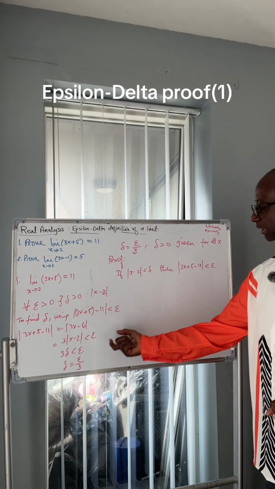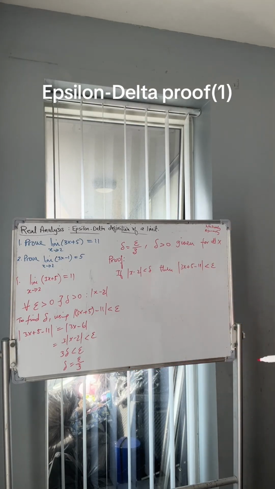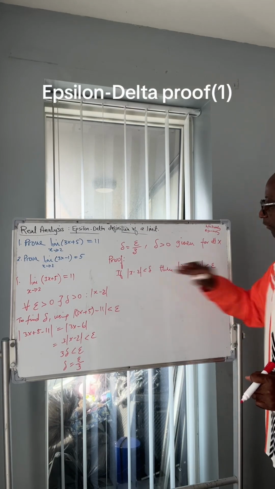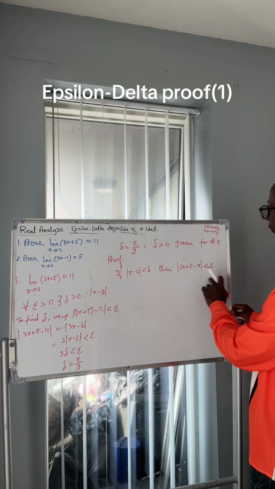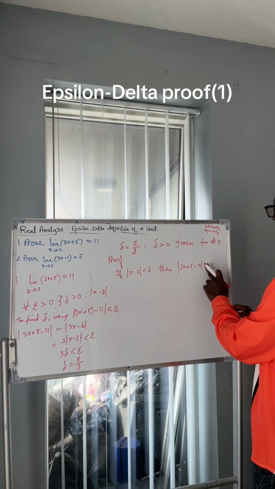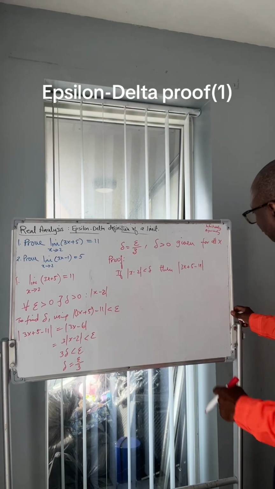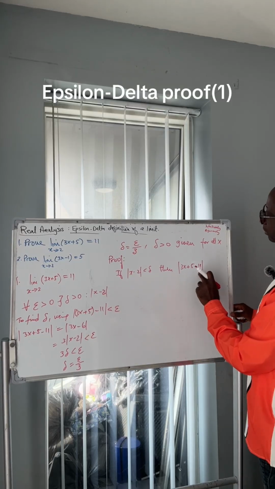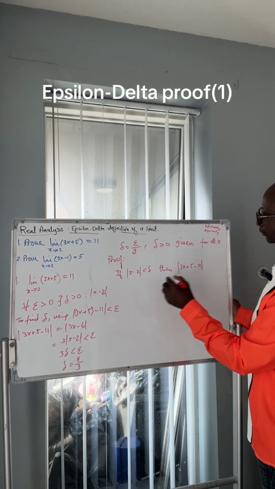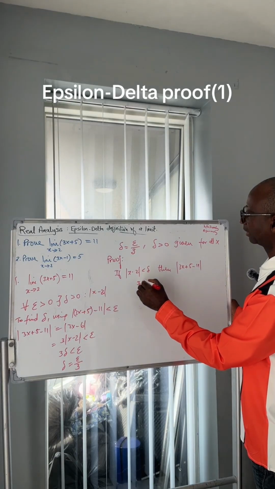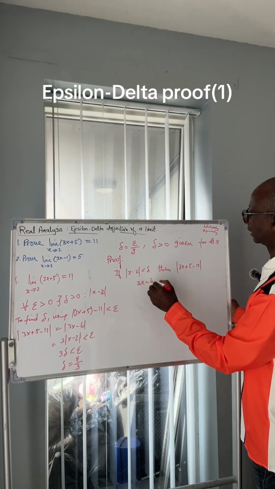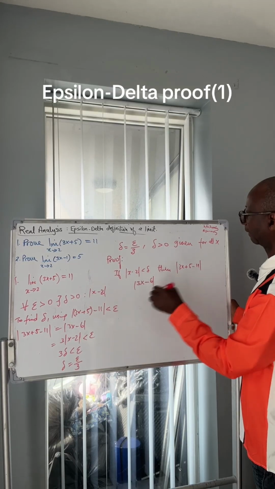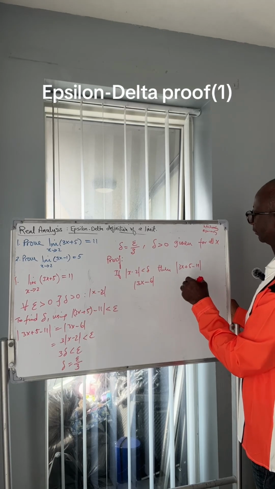We found delta using epsilon. Now we want to prove the function is correct. So what we do now, we are using this function here. This one will give us 3x minus 6.